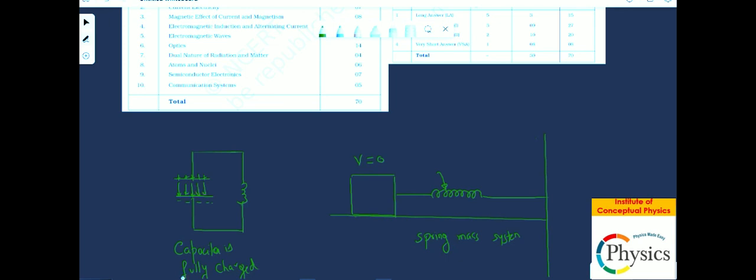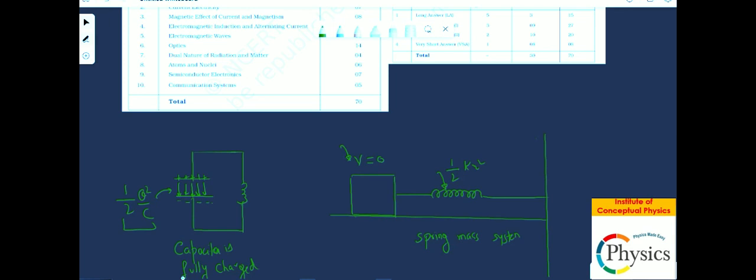I will tell you why this happens. So right now the whole energy is half q square by c and is stored in the form of electric field. The equivalent of this is the complete energy with the velocity being zero. So the spring is pulled to maximum, it is at a maximum position from its mean position, and the complete energy is stored in the spring in the form of half kx square.